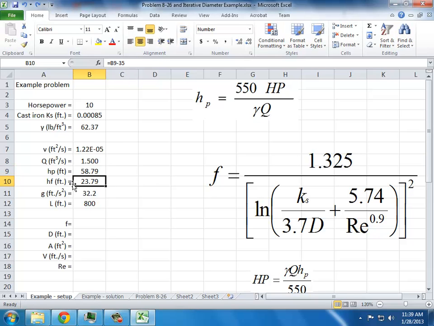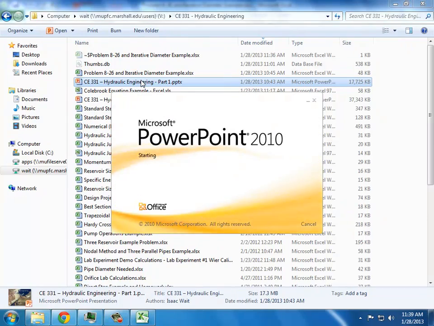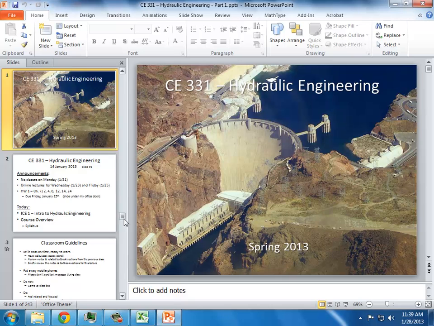All right. The head loss, H sub F, that's written here is derived from the difference in elevation.